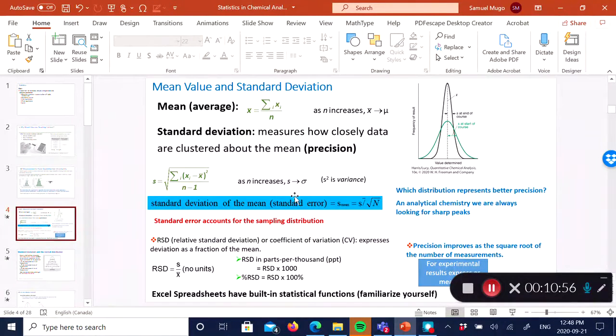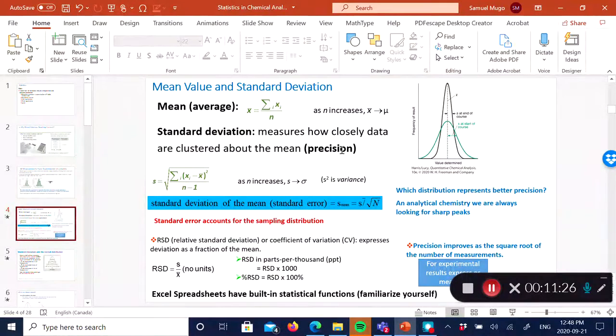And so the standard error is calculated as the absolute standard deviation divided by the root of n, and n of course is the number of repeats of the measurement. What's the importance of doing this? The importance of doing this is the following. The standard error, which is calculated as this, accounts for sample distribution, which is very, very important. You're accounting for how many times you have repeated the measurement.